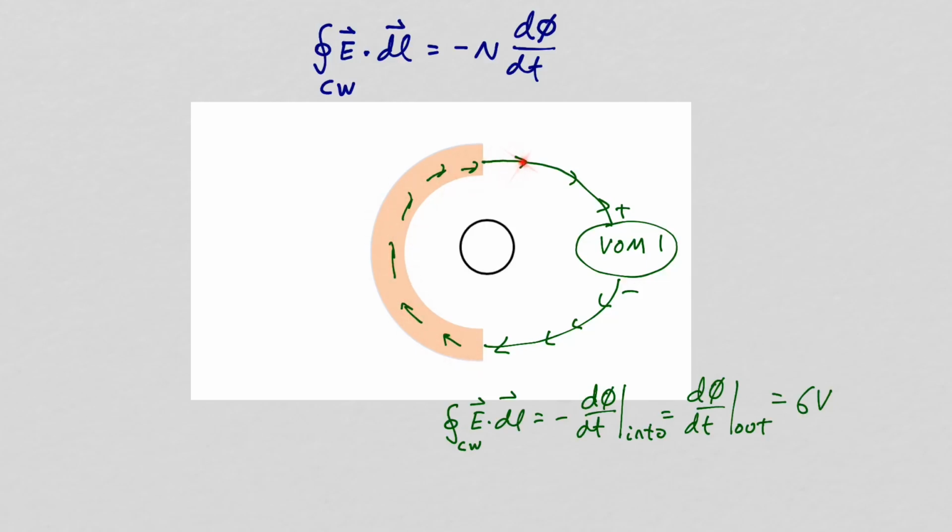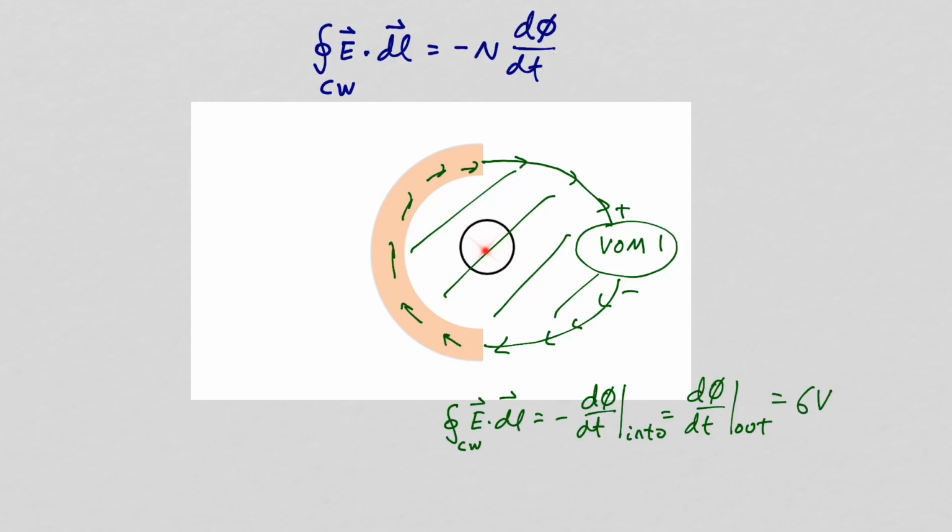The integral of E dot dl around this path is equal to minus the change in flux with respect to time into the page inside of this area right here, the area defined by our path of integration. So that is equal to the change in flux with respect to time out of this area, and the only place you have a change in flux is the 6 volts coming out of the page from your solenoid.